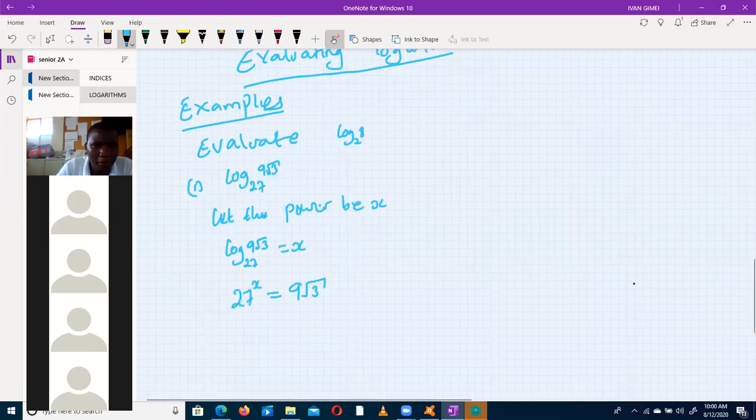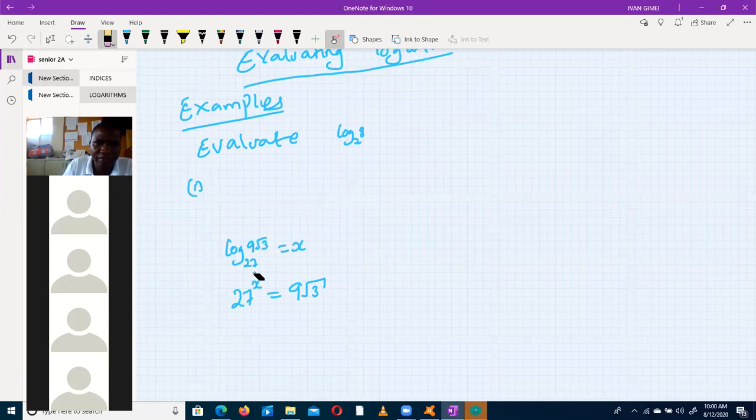So the question here is saying evaluate log of 9 root 3 to base 27. Okay, let's first change this to a more direct number, so that I don't bring in the roots too fast.